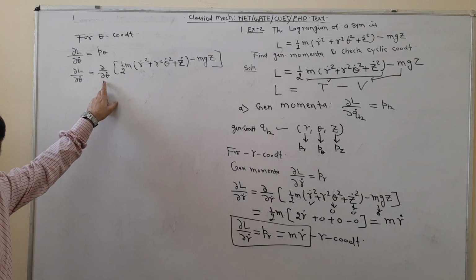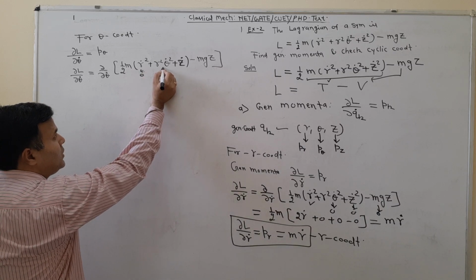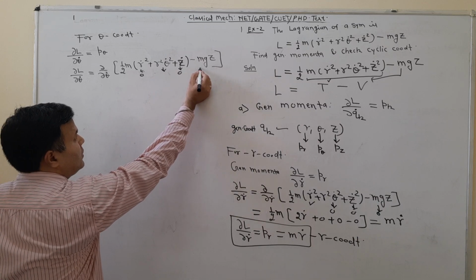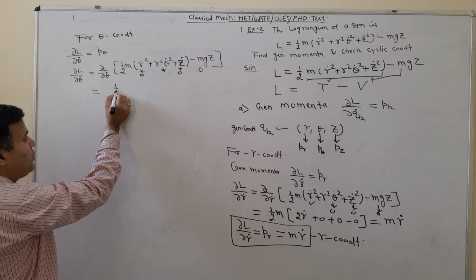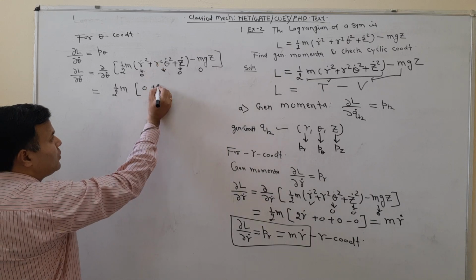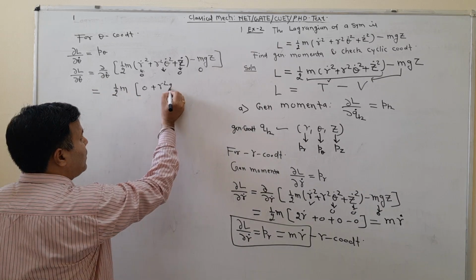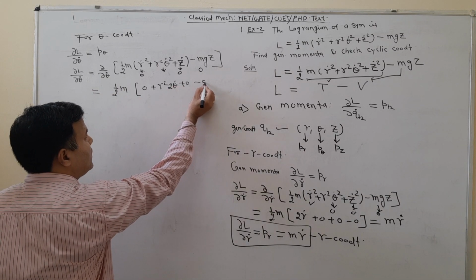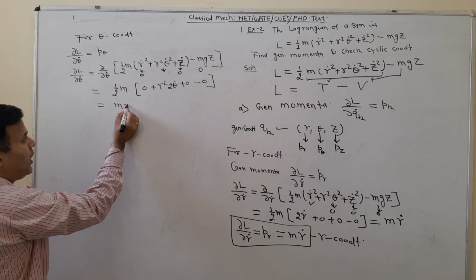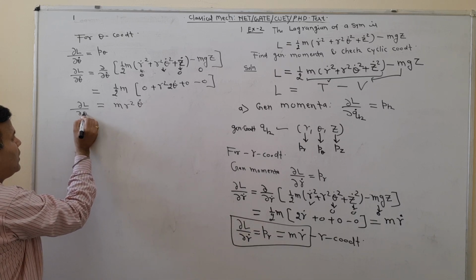Again differentiating partially with respect to theta dot, the r dot term gives 0, the theta term gives something, and the others give 0. Taking 1/2 m outside, we have r squared, and differentiating theta dot squared gives 2 theta dot. The 2 cancels out, and we have simply m r squared theta dot.